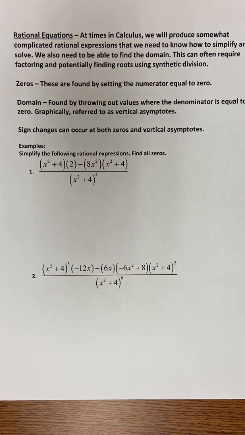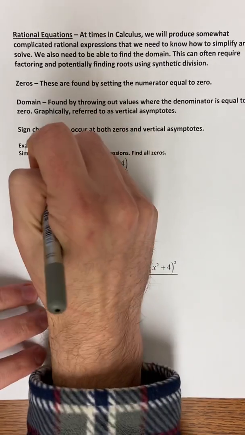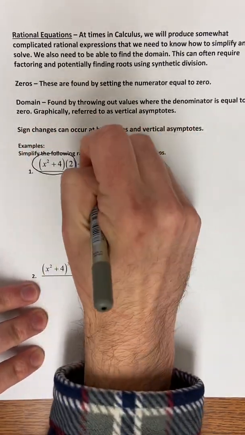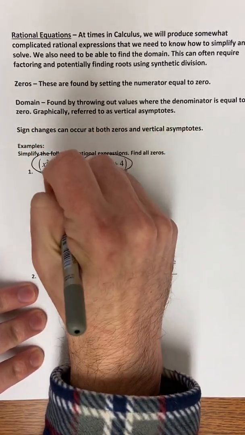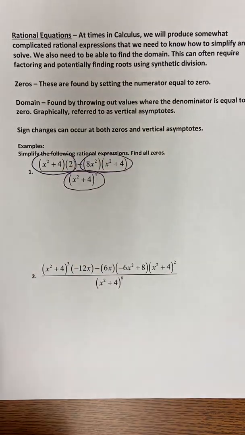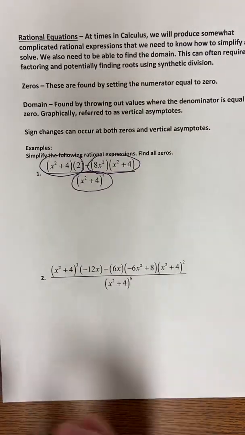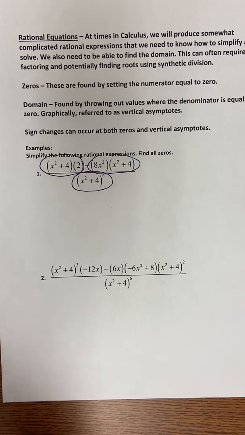Now, one thing that people generally are averse to doing is simplifying. People will be tempted to multiply these out, combine terms, but what we should be able to recognize is that each one of our terms has an x squared plus 4. Yes, the denominator has more than the rest, but there's at least some quantity of x squared plus 4s that we can remove.